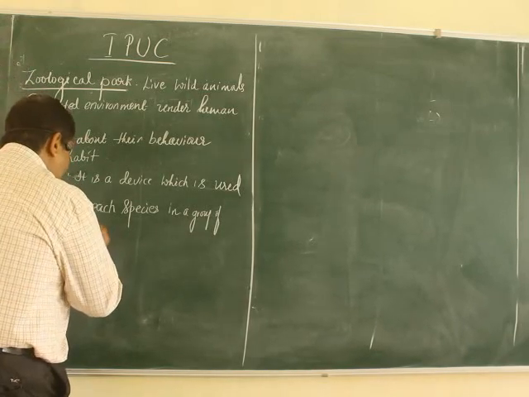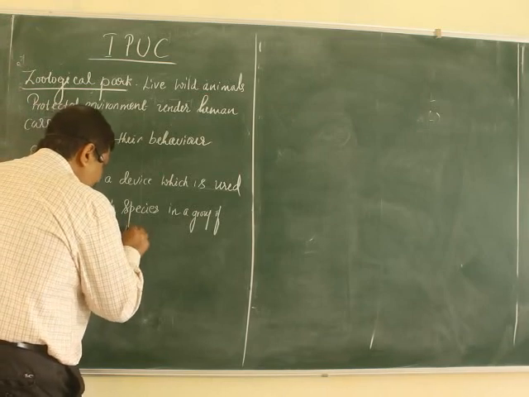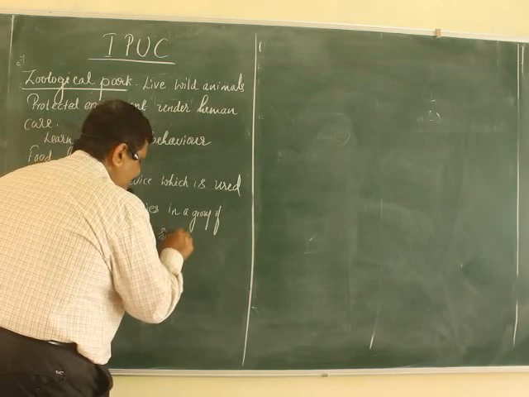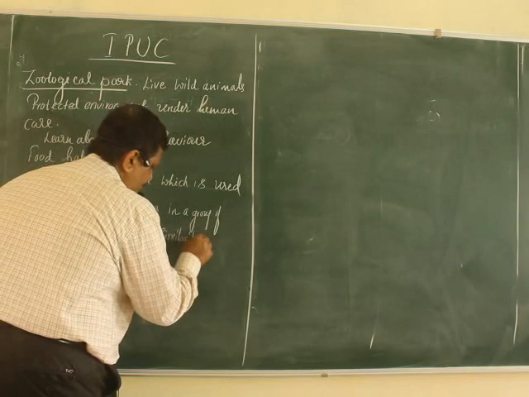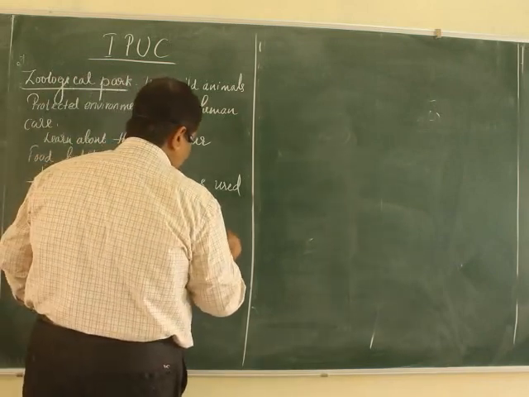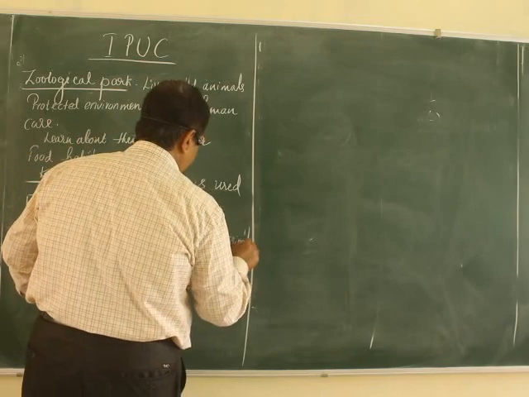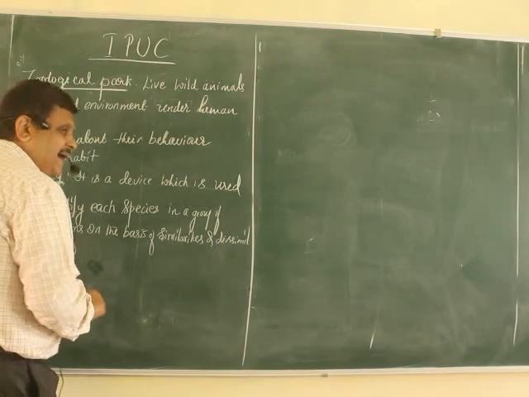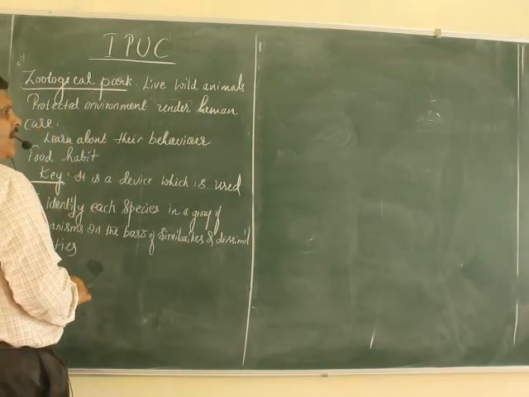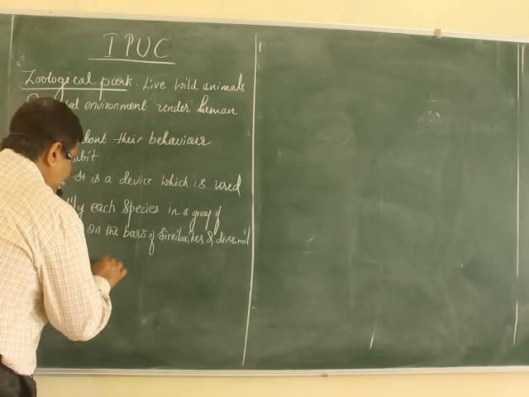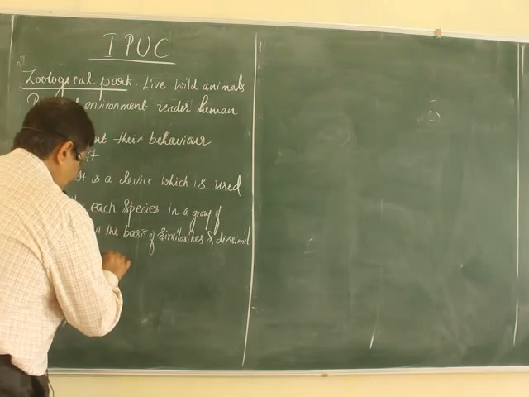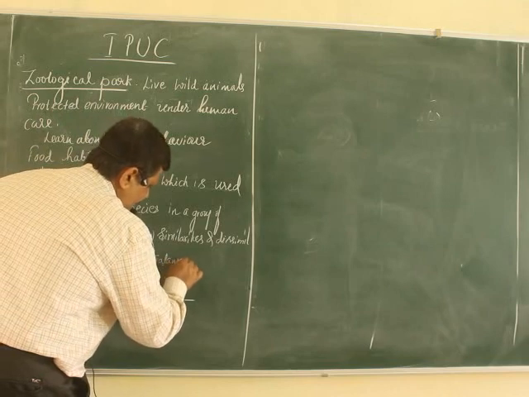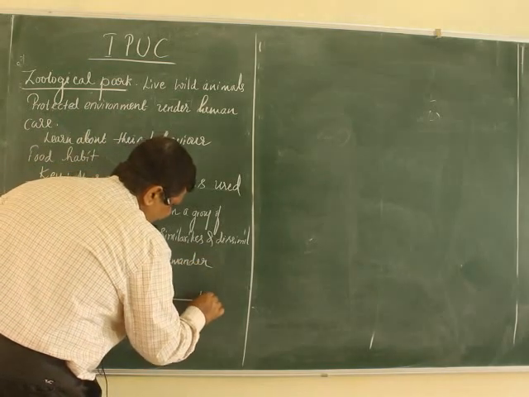On the basis of what? On the basis of similarities and dissimilarities. For example, salamander and lizard.